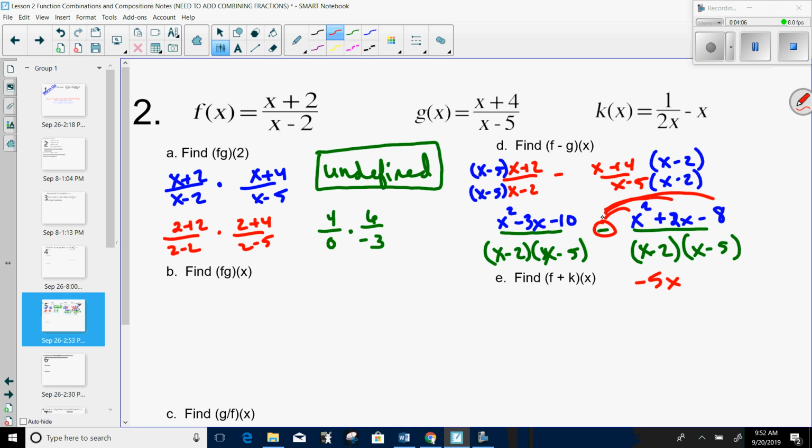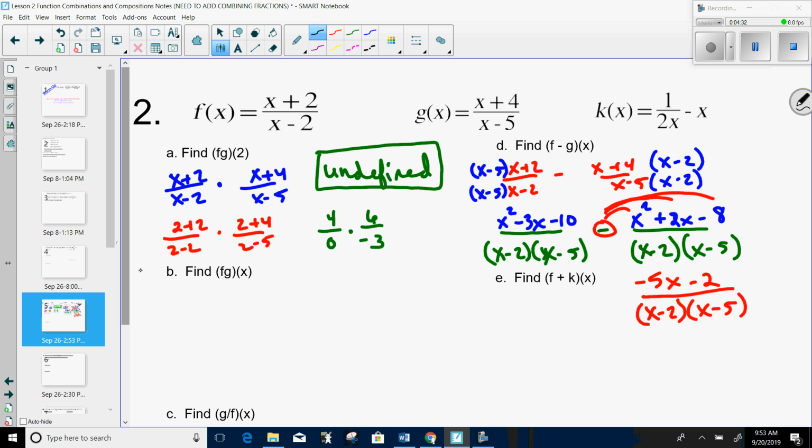So it's really negative 10 plus 8, which would be negative 2, over your denominator of x minus 2 and x minus 5. Then you try to reduce. In order to reduce, you have to reduce the entire numerator with the factors of the denominator, which does not reduce. So this right here would be your new function f minus g of x.